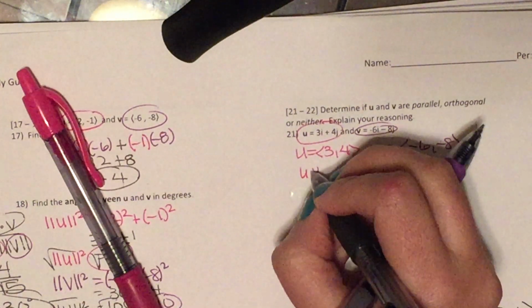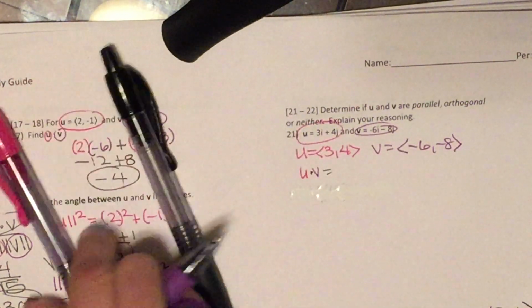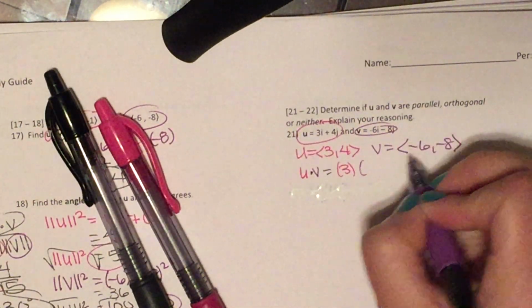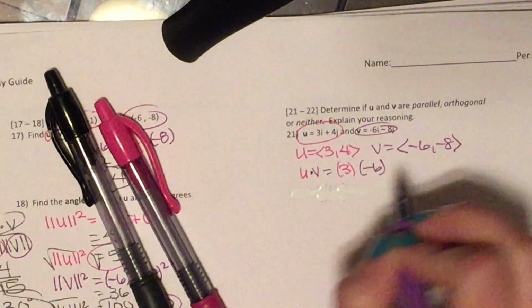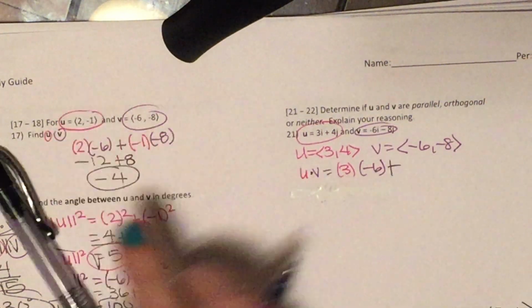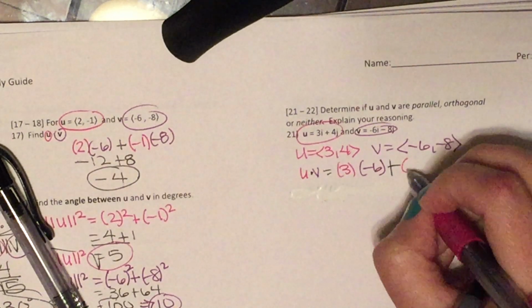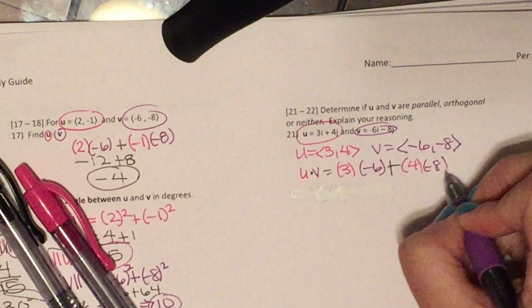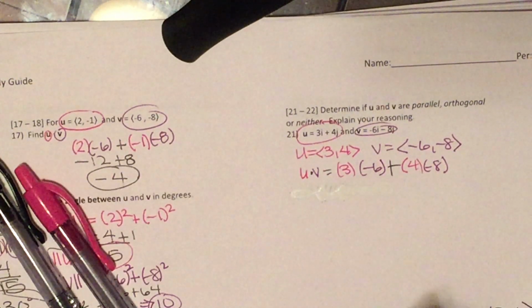The dot product of u and v would be the horizontal from u, which is 3, times the horizontal from v, which is negative 6. And then add that with the product of the vertical component from u with the vertical component of v. 4 times negative 8.